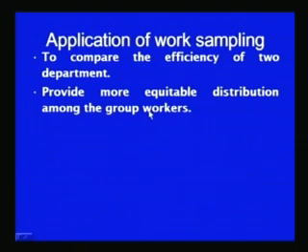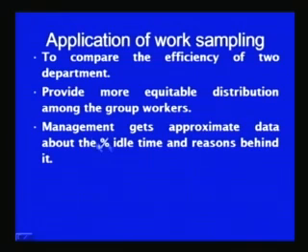So, from the work sampling study we can see for how long a particular worker or group of workers is more engaged in work compared to the other group of workers or an individual worker, so that a more equal distribution of the work can be obtained between the groups of workers.